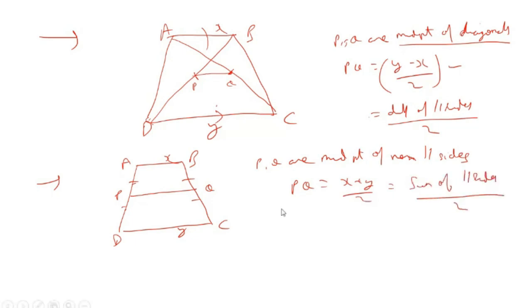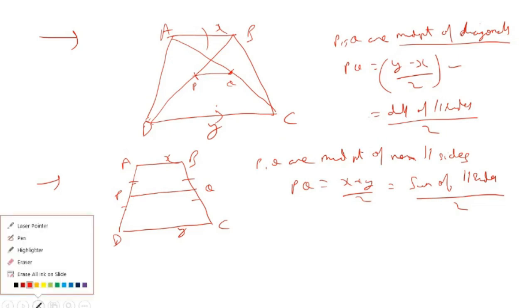Cool. So a simple difference of parallel sides by 2 for the line joining the diagonal midpoints, and the sum of parallel sides by 2 for the line joining the non-parallel side midpoints.